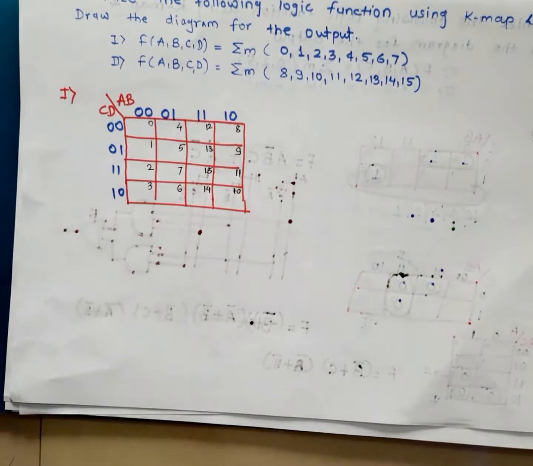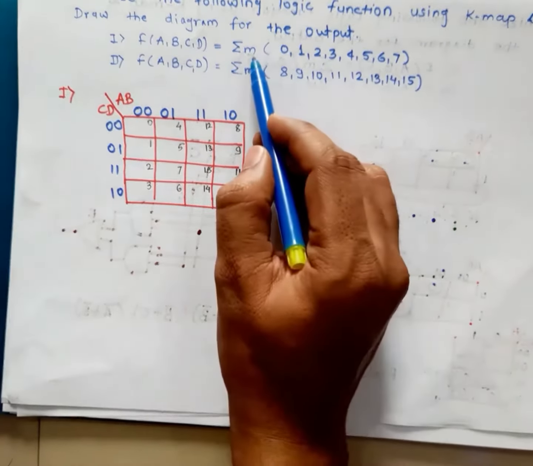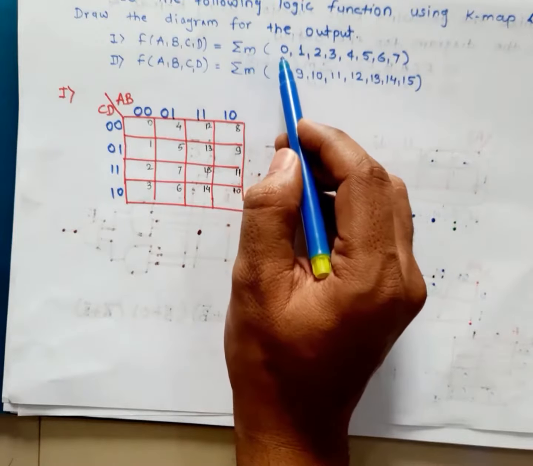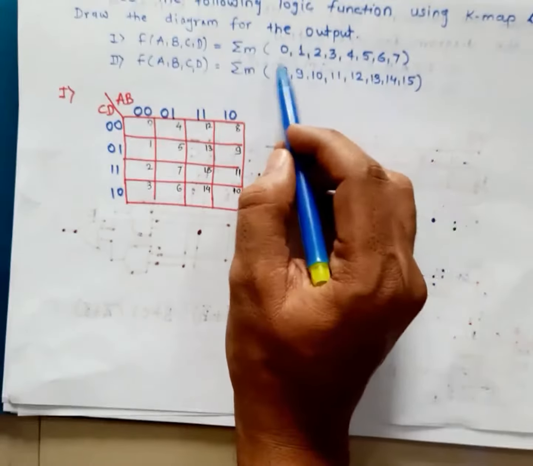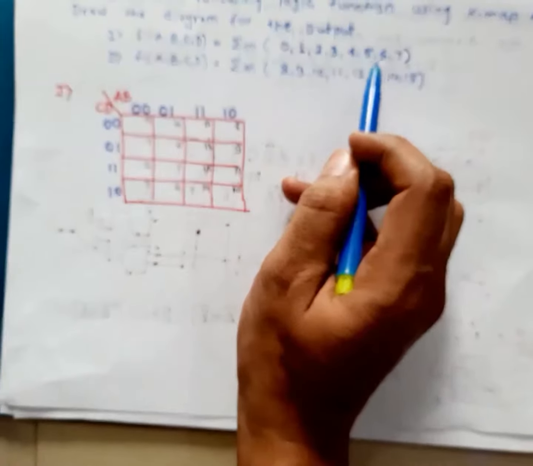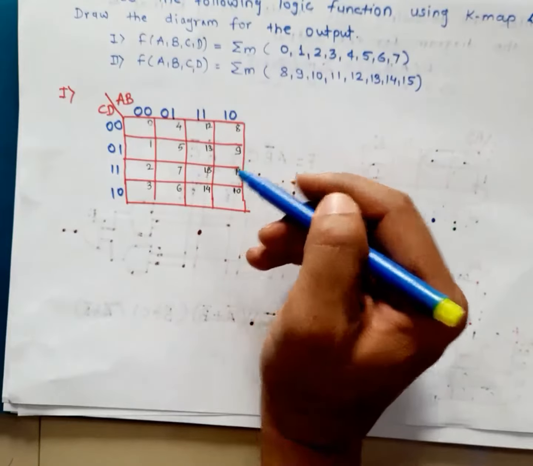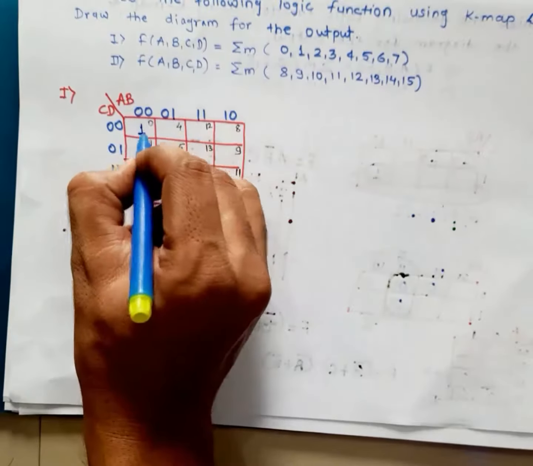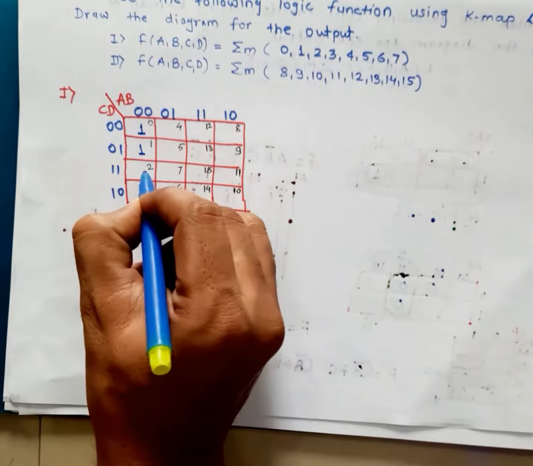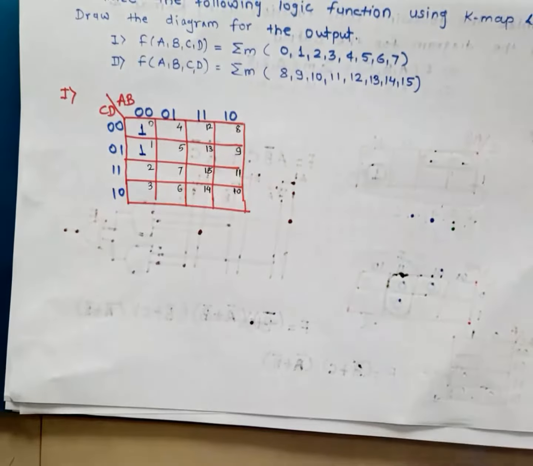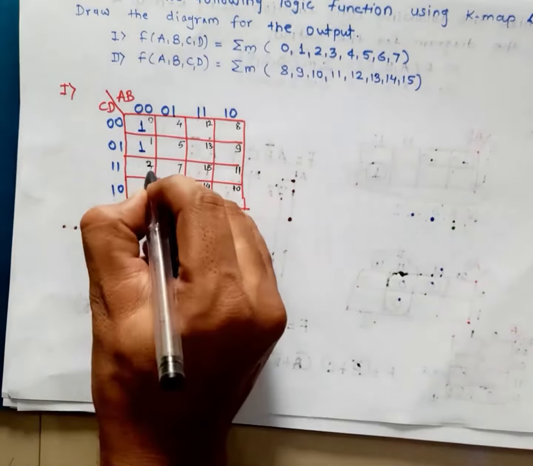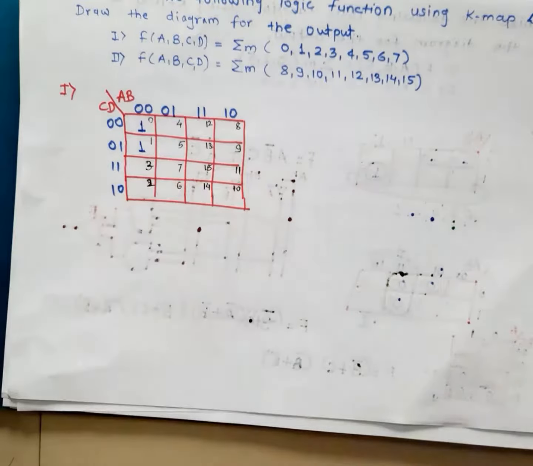Now next we need to identify the function given in SOP form. These are the minterms, and the cells contain the value 1. Write down 0 is 1, 1 is 1, sorry, here the cell value is 3 and the cell value is 2.